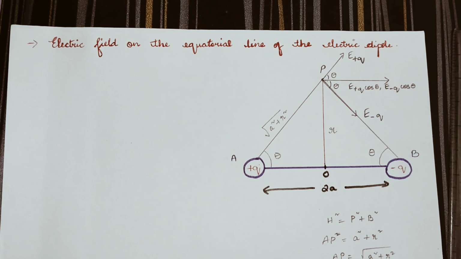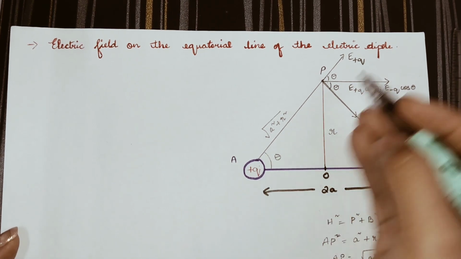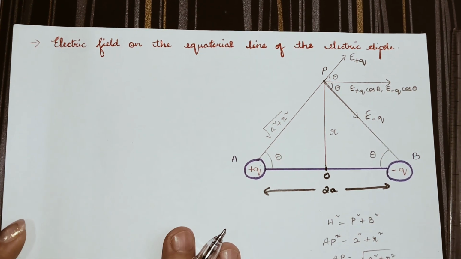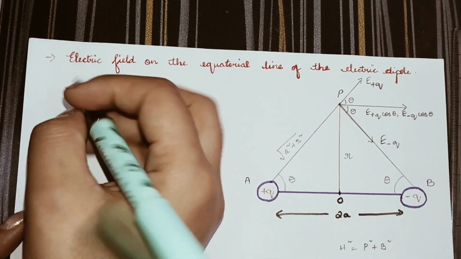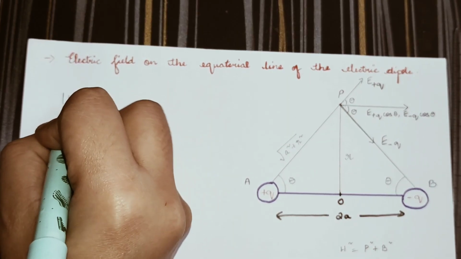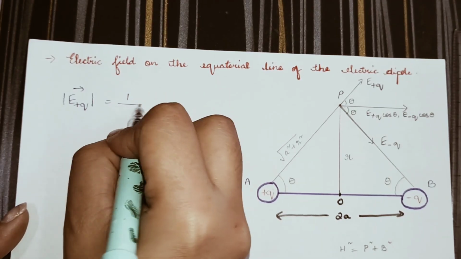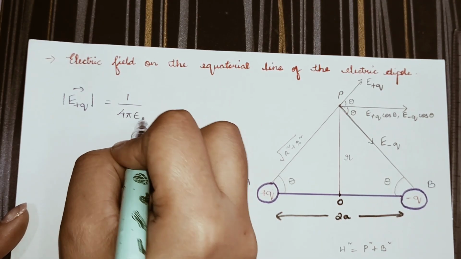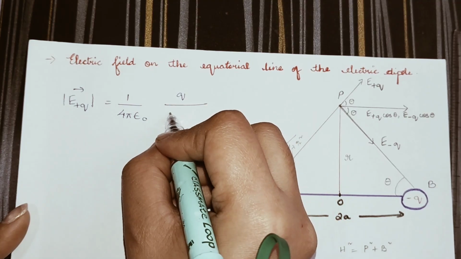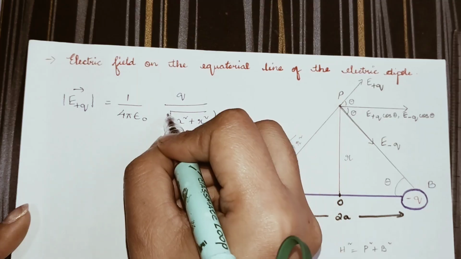Now the magnitude of E plus Q due to the plus Q charge at point P can be written as E plus Q is equal to 1 by 4 pi epsilon naught Q divided by root over of a squared plus r squared, whole squared.